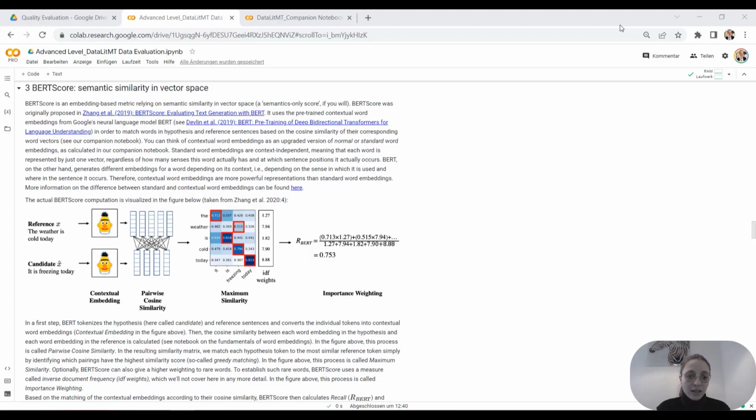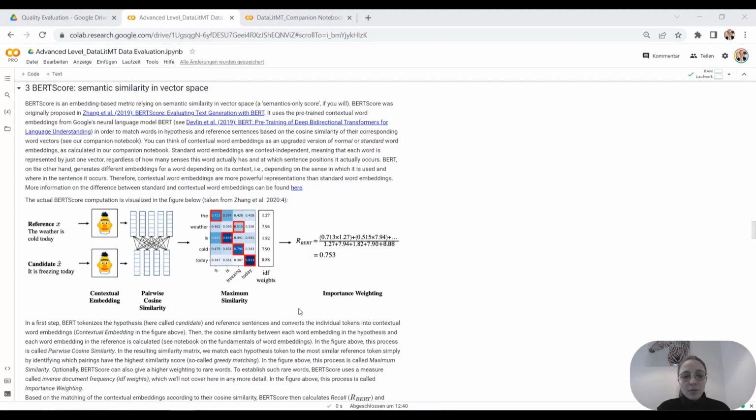And you can see in the example below here, the sentences "the weather is cold today" and "it is freezing today", how the words are analyzed. You can see that "it" and "the" have a semi-similar meaning in this case. And today and today obviously have a very close correlation because it's the same word.